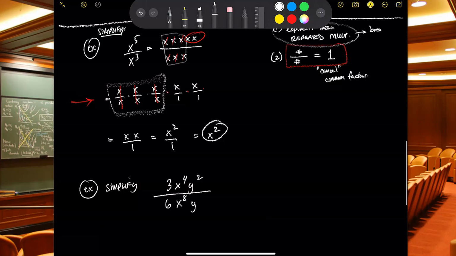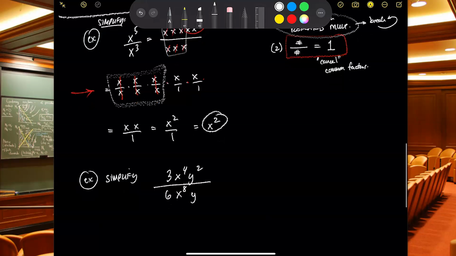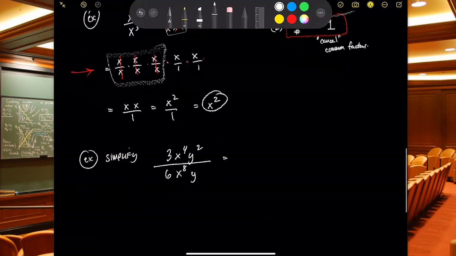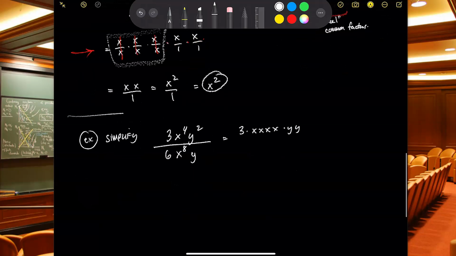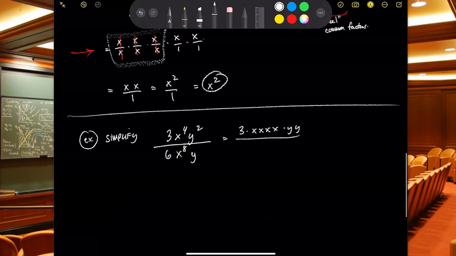So I can break it apart and then put it back together again. So let's see what's happening. I get 3 times x times y all over 6 times x, 4 more, times y.